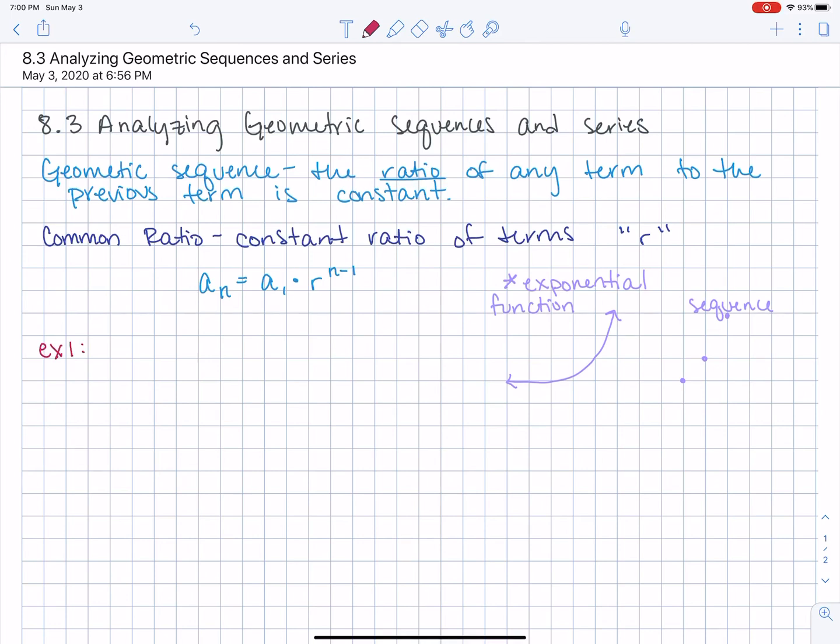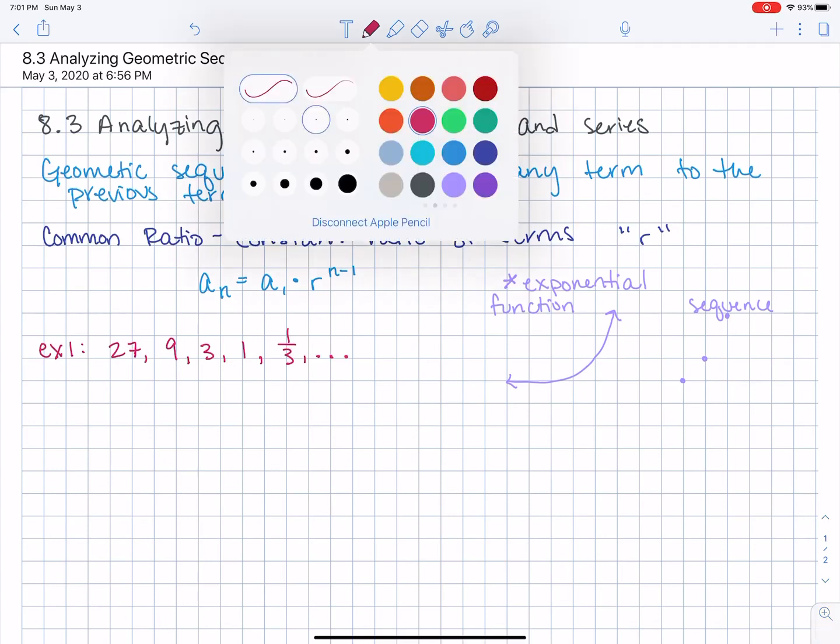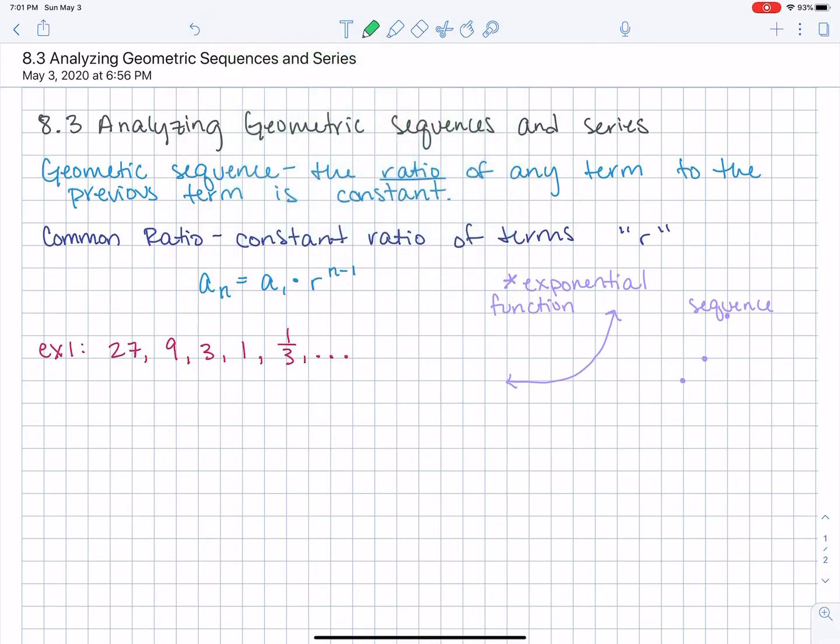Example 1. We are going to work with the series 27, 9, 3, 1, 1/3, etc. This is how we figure out if it's geometric: you take one term and divide it by the other.